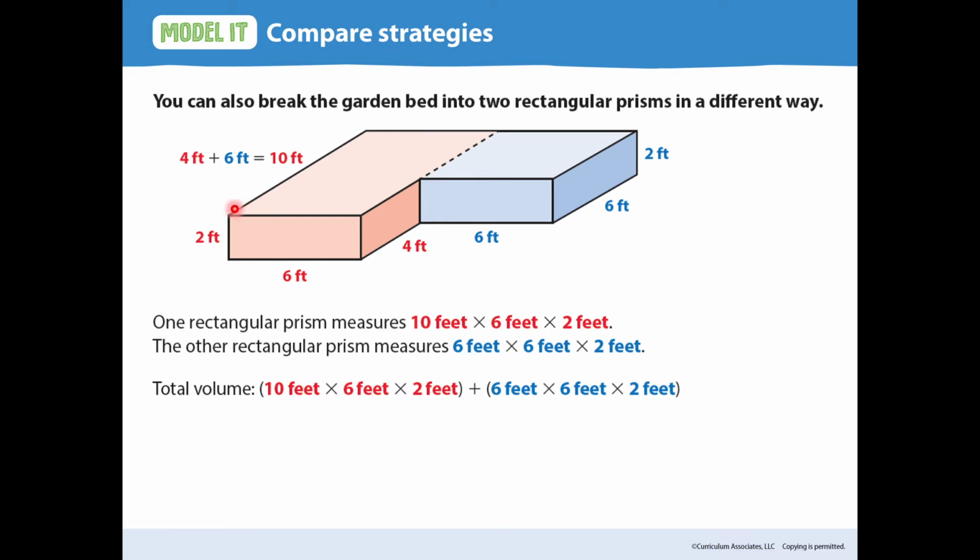So we can figure that out by knowing that this side plus this side, when you put those together, is the same length as this whole thing. So 4 feet plus 6 feet equals 10 feet, which is the length of that entire side. The other rectangular prism measures 6 feet by 6 feet by 2 feet. When we find the volume of each of those sections, we get the same answer, 192 cubic feet.